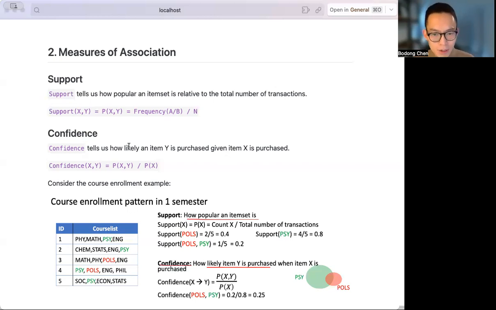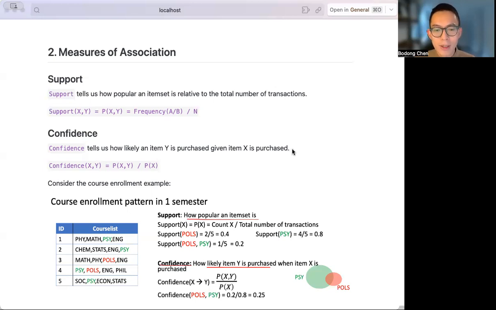The next measure is needed because support is very basic. It only focuses on frequency and popularity of a combination of different things together. Support doesn't really tell us how interesting the rule could be. So the next measure is called confidence. It tells us how likely an item Y is purchased or appears, given that item X appears.